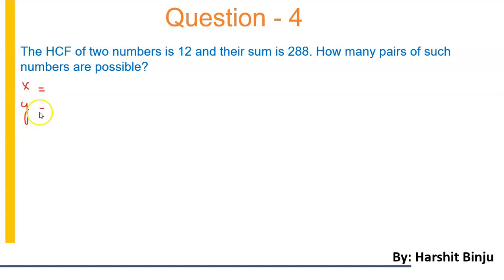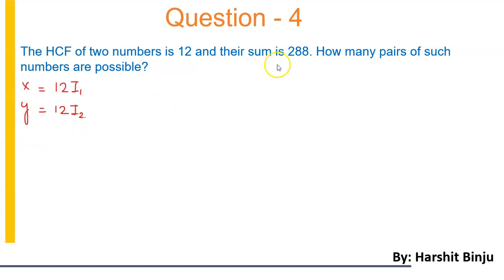Now I know that a number is always equal to HCF multiplied by an integer value. So let's say x is equal to 12 into integer I1 and y is equal to 12 into integer I2. Okay, because the HCF is 12, so x and y have to be multiples of 12. There is no other possibility.